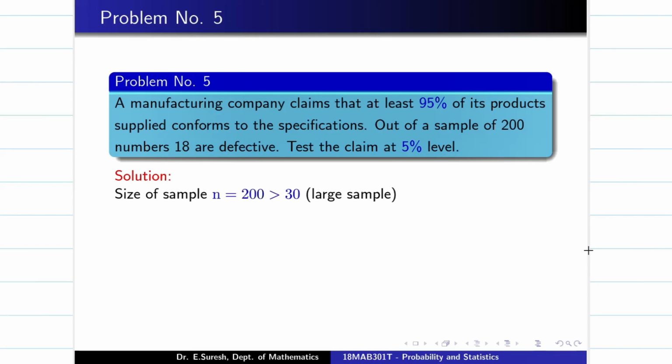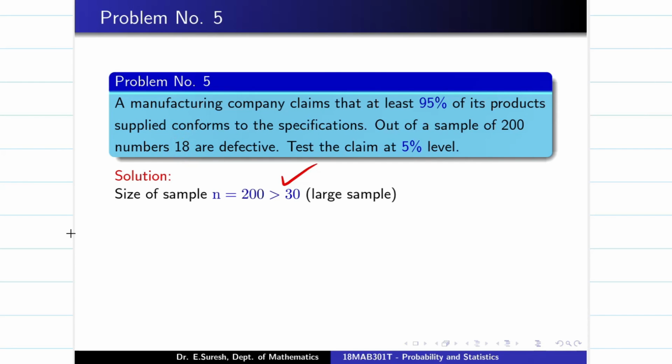A manufacturing company claims 95% of the supplied products meets the specification. Out of 200 samples, first we have to deal with sample, okay? 200 samples are there. So 200 means it's a large sample. Out of 200 sample, 18 are defective.